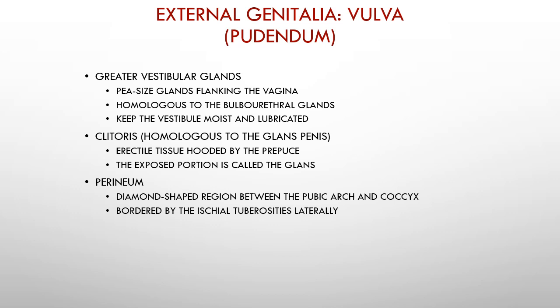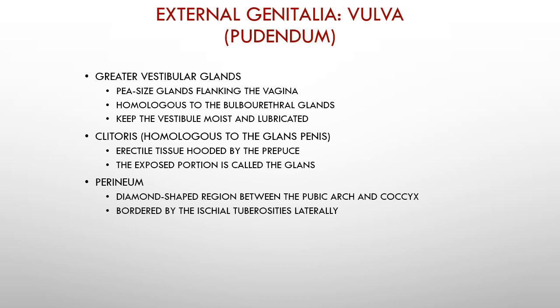Just on the outside of the vaginal canal, we have the vestibular glands. These vestibular glands are similar to the bulbourethral glands. This is going to keep the vestibule itself moist. It's going to lubricate the vestibule just before intercourse as well, and allow for those secretions to be there for intercourse.